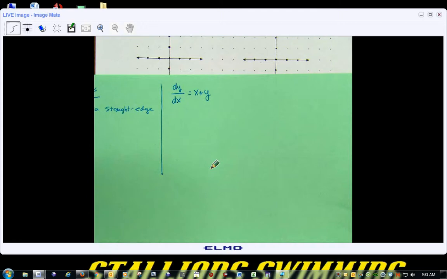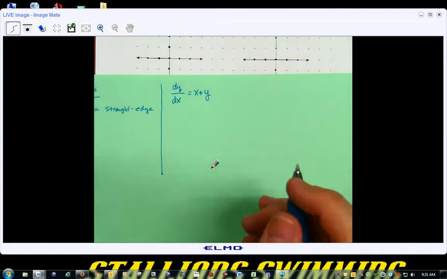Here's a simple differential equation, and we're going to go through step by step how to actually do this. So you're going to want to put this on the back of one of the worksheets that we have, just so you have these different ideas.